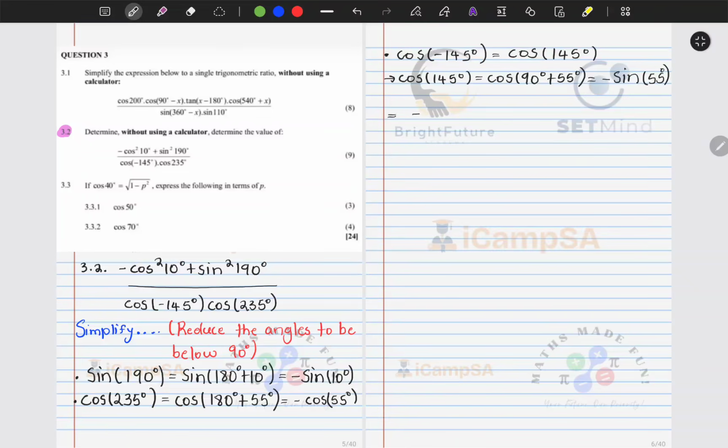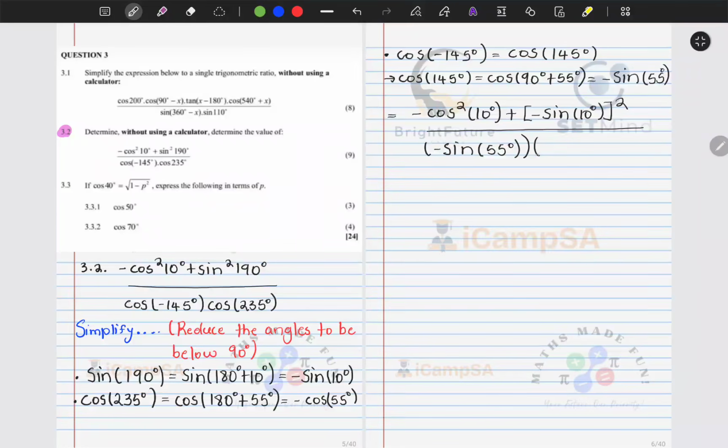So this means what we now have is negative cos squared of 10 degrees, then plus, if you observe carefully, sine of 190 we found as negative sine of 10 degrees. All of that is squared, and this is going to be divided by our denominator, that cos of negative 145. We end up finding that it should be negative sine of 55 degrees.